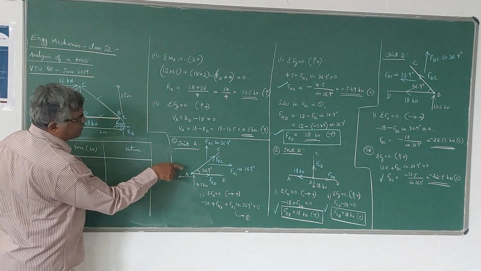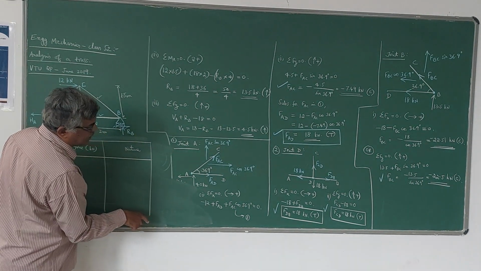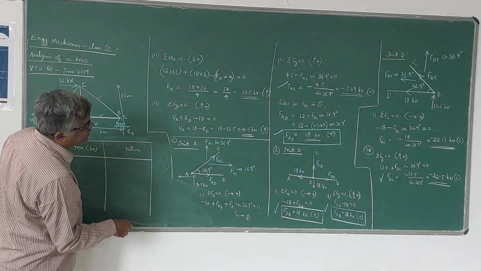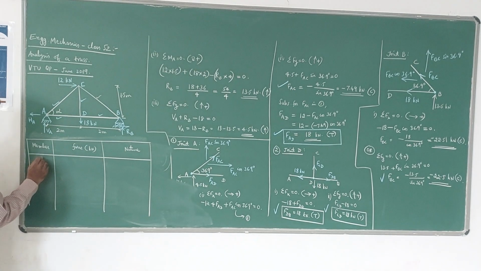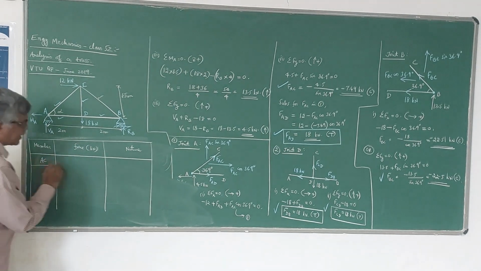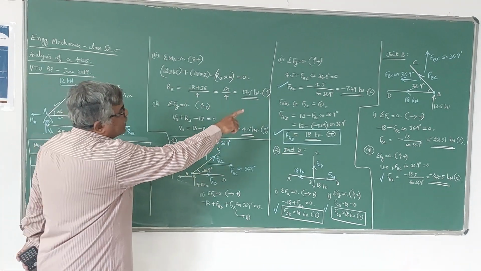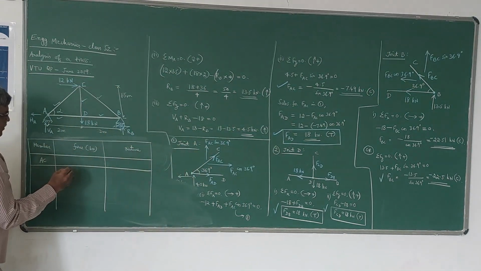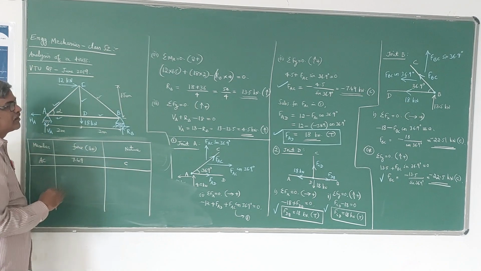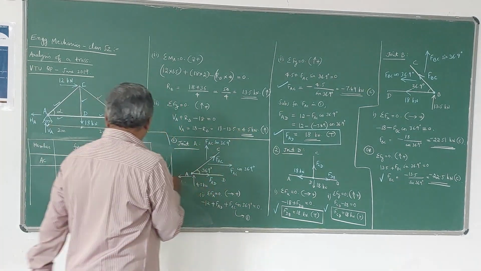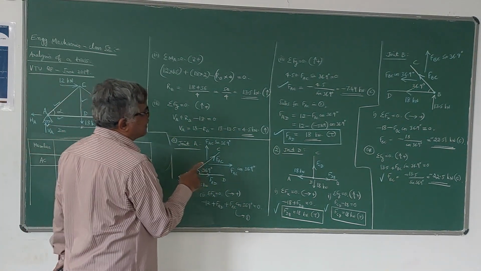The first force we found out is FAC. So I will write force in the member AC. First I will write the member AC, 7.49, compression. So compressive force. C stands for compression, T stands for tension.